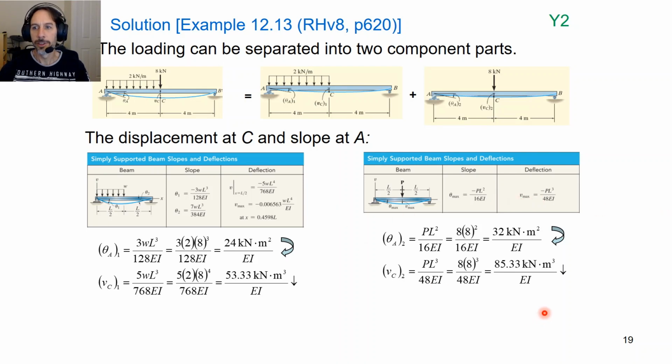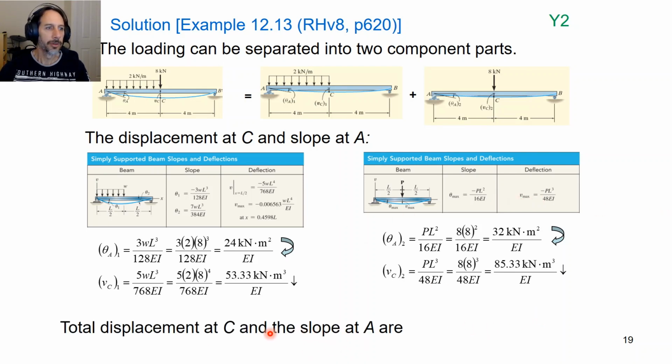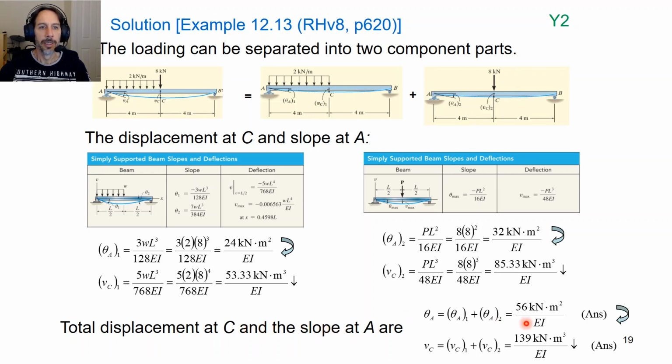Alright, so now all we need to do is just add those up. Total displacement at C and the slope at A, we just add those together. Okay, so note here that we haven't used the signs. All we've done is used arrows to indicate the directions of the rotation and the directions of the displacements.